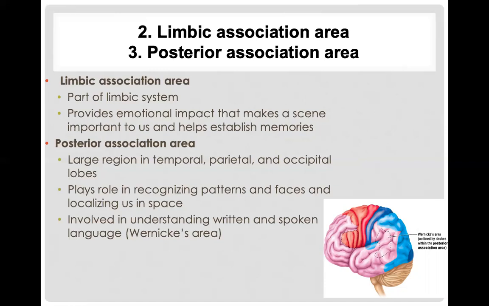So your ability to recall information is a result of an emotional impact. Now that can be happiness, sadness, trauma, whatever the reason is. The recollection of those memories, those scenes, as a result of that emotional impact is associated with your limbic system.